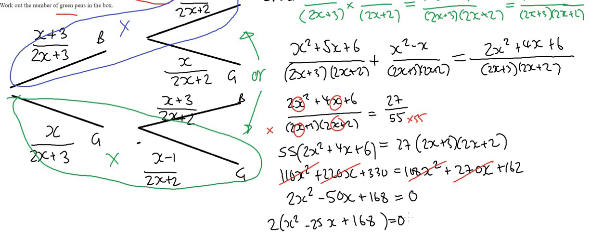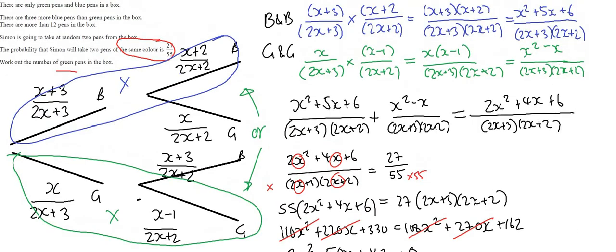So I ask the calculator, and it tells us that the roots are that x is equal to 21 or 4. Okay, now that's what x is. Remember, x is how many green pens there were.